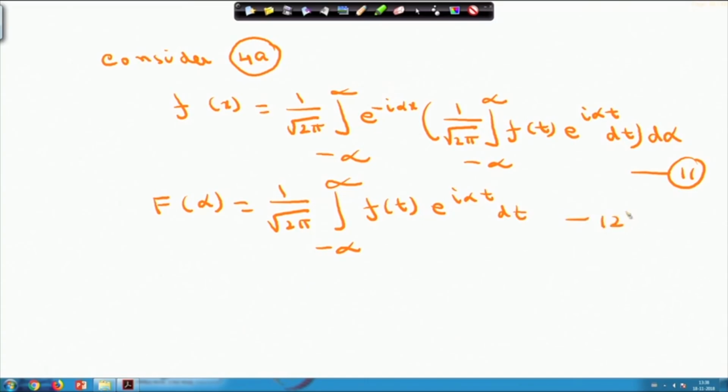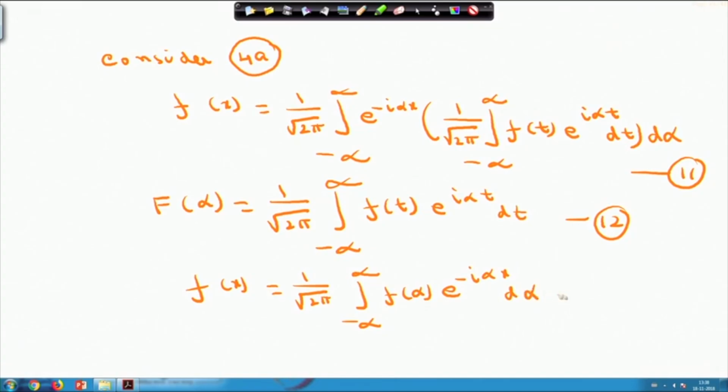This is, say, equation 12. Then f(x) can be written as 1 by root 2 pi, integral from minus infinity to infinity of F(alpha) e^(minus i alpha x) d alpha. If I change to this particular form, then equation 12 is also known as the Fourier transform of the function f(x), whereas the inverse Fourier transform of capital F(alpha) can be obtained from equation 13.